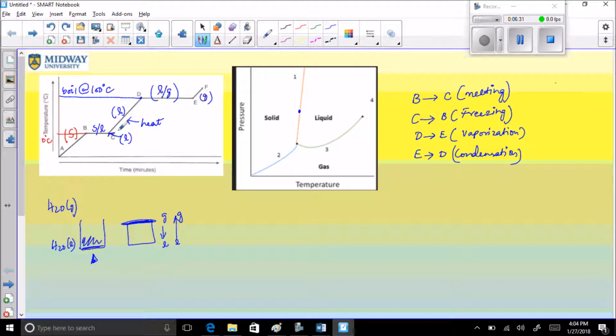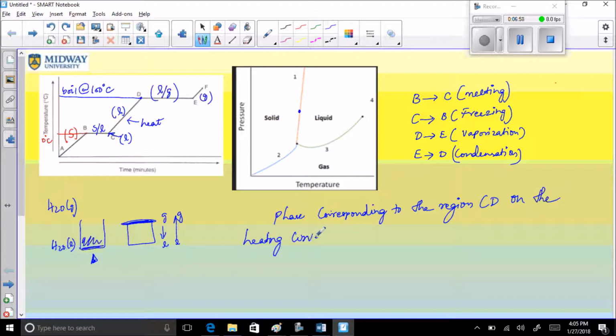Or say the question is the phase corresponding to the region CD.